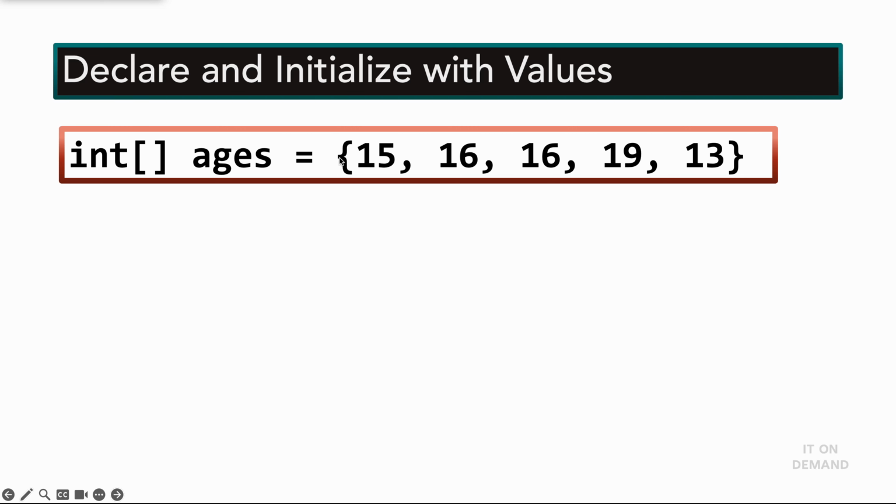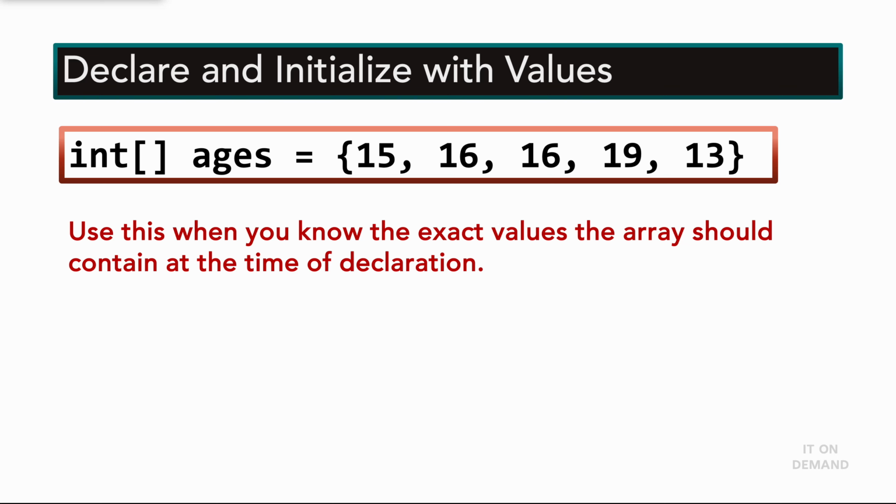Take note, this is curly bracket, right? And now we give the actual values in here within the curly bracket. And so this is what you want to use when you know the exact values the array should contain at the time of declaration. So ahead of time, we already know what the ages are.